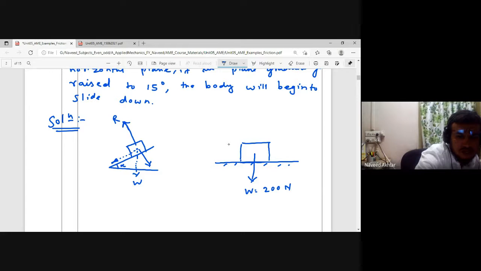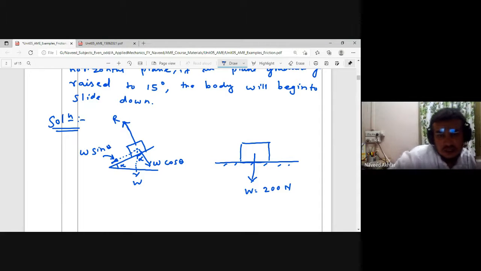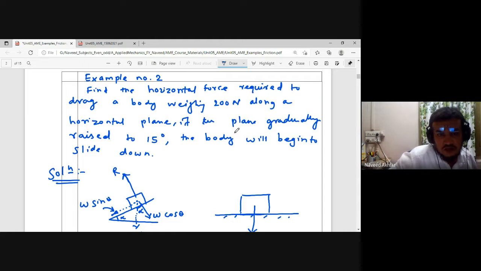So this alpha is nothing but again the alpha value. So we are writing W cos theta, or W sin theta, है ना?